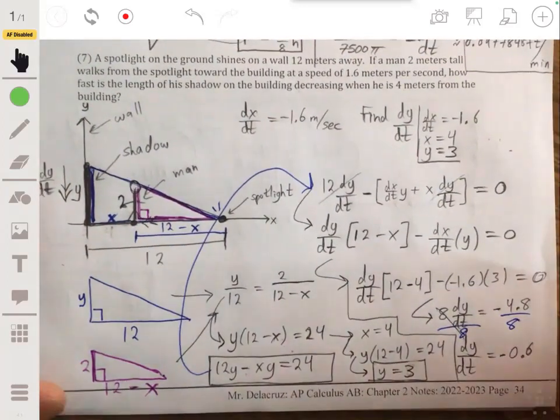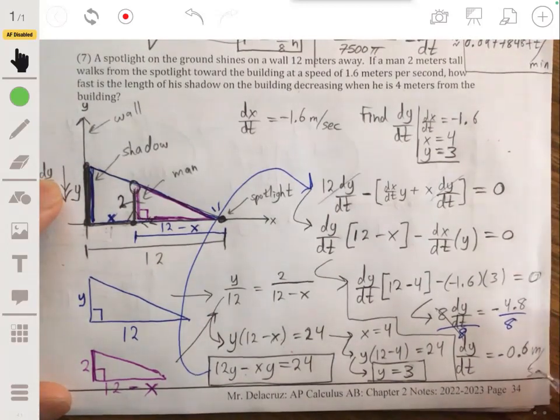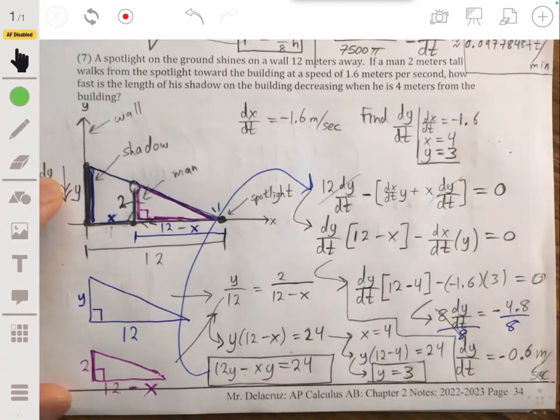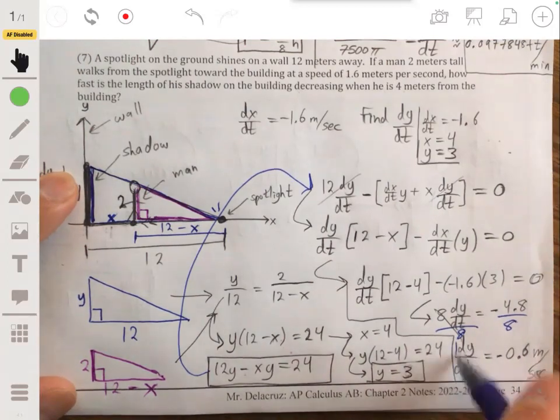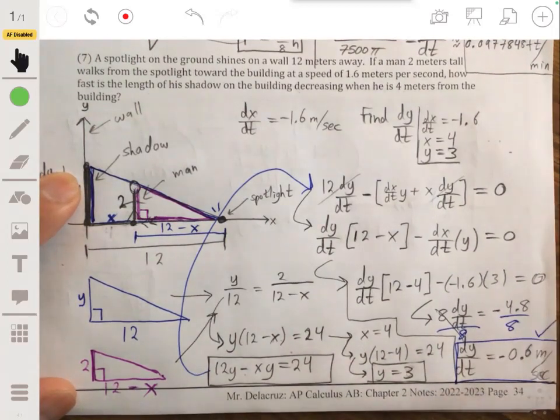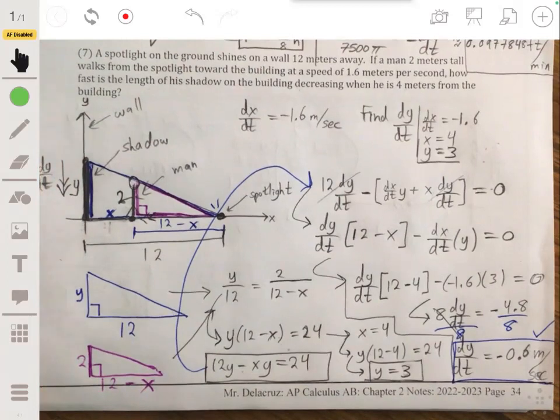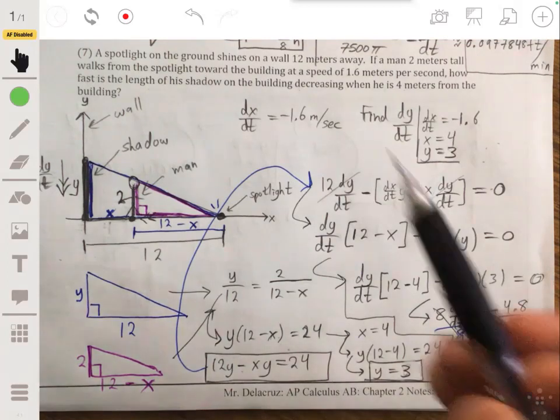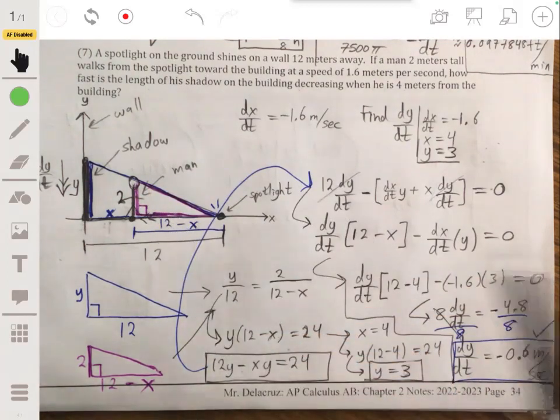So negative 0.6 meters per second. So his shadow is decreasing at a rate of 0.6 meters per second when he's 4 meters from the building. Okay, so I hope that helps.